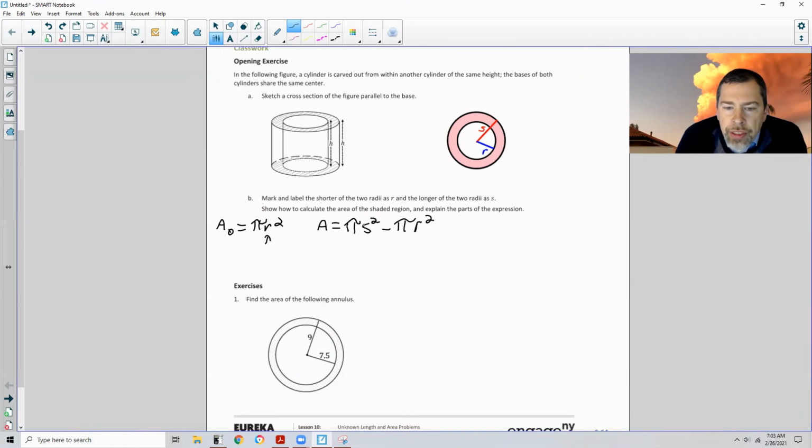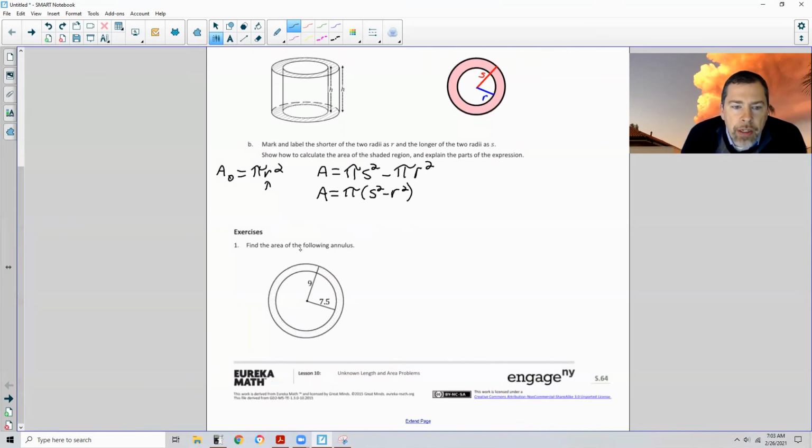And as you can see, we can simplify this because we have a common term in each. We can factor out a pi value. So the area of the shaded pink region would be area equals pi times the quantity S squared minus R squared. So there's the formula for the area of that pink region.